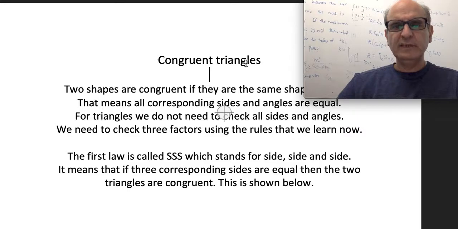To see if two triangles are congruent, we don't necessarily need to check all sides and all angles and all characteristics. There is a shortcut way of doing this, which we will be discovering in this lesson.